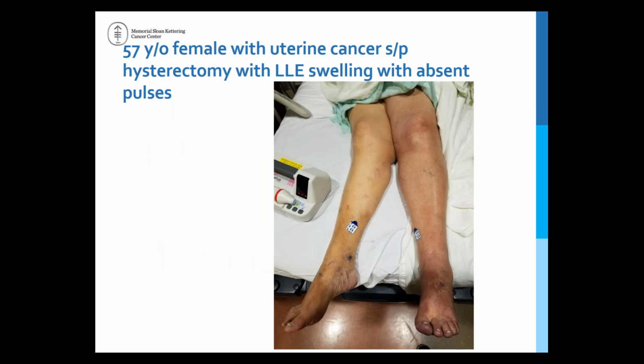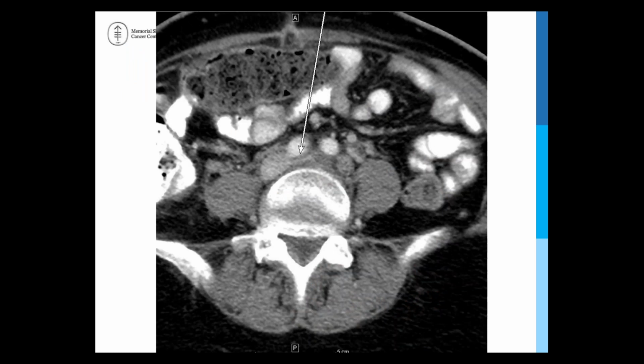This is an example of a patient I had. It's a 57-year-old female who had uterine cancer and was status post-hysterectomy, and she presented with left lower extremity swelling and, of course, the very dreaded absent pulses.